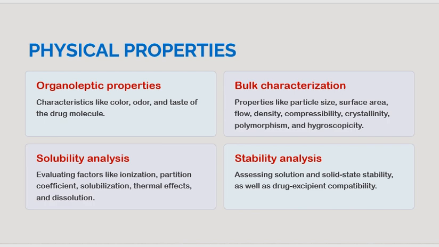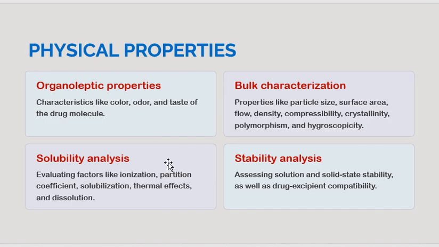Now, these physical properties of the drug, what do you understand by this? These physical properties can also be classified as the organoleptic properties, the bulk characterization of the drug, the solubility analysis and the stability studies or the stability analysis of the drug.